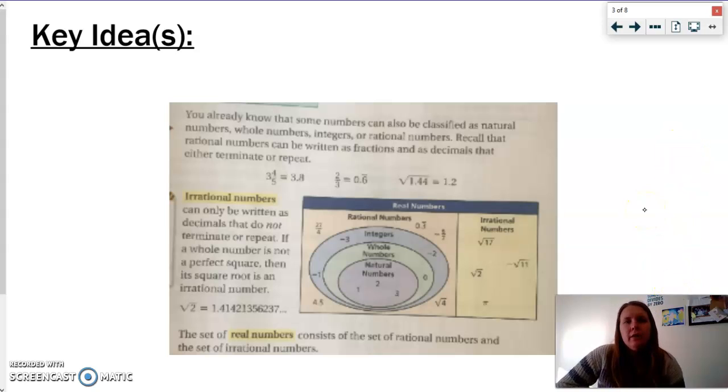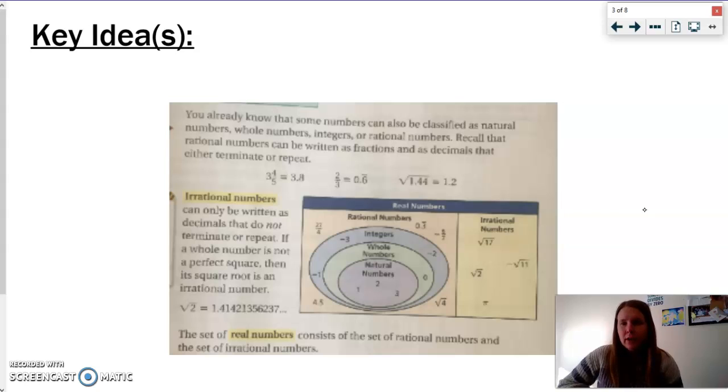It says you already know that some numbers can be classified as natural numbers, whole numbers, integers, and rational numbers. I've talked a lot about integers this year. We've talked about our integer rules with adding and subtracting negative or positive numbers. We've talked about rational numbers as well when we were talking about decimals and fractions.